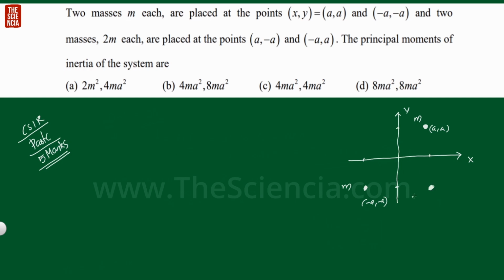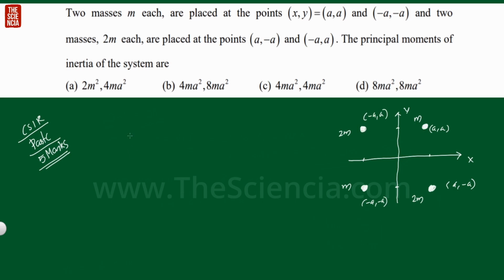This is 2m. And another one at (-a, a), where x is -a and y is a. The mass is 2m and the coordinates are (-a, a). Right. So this is my system.